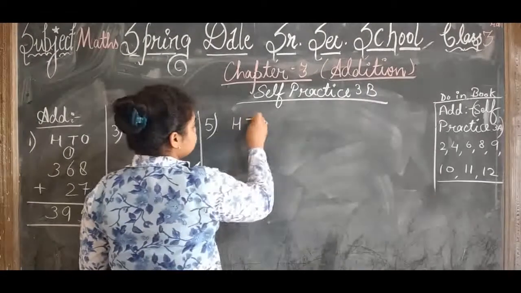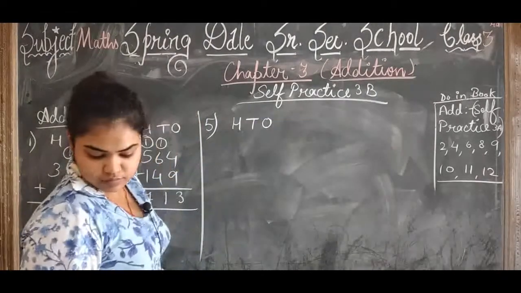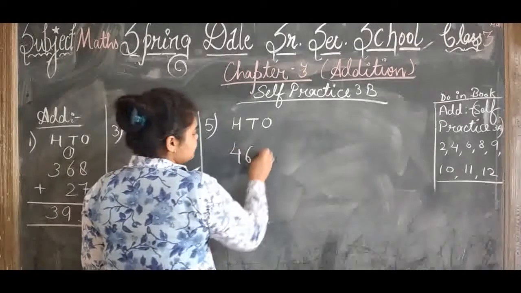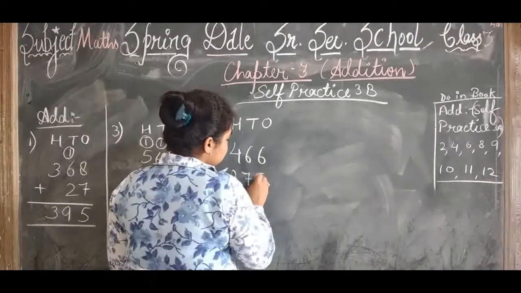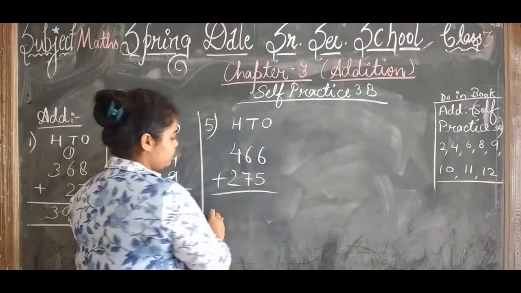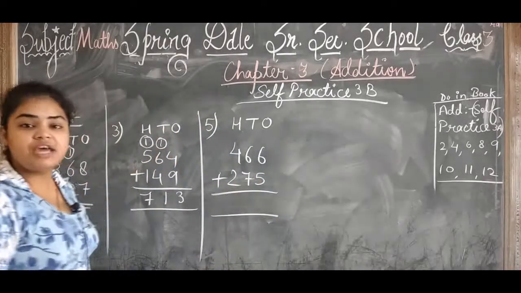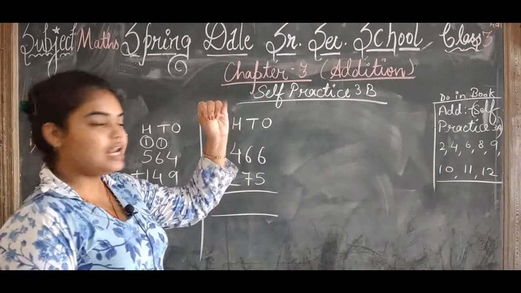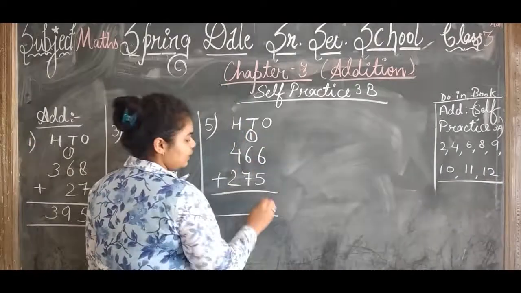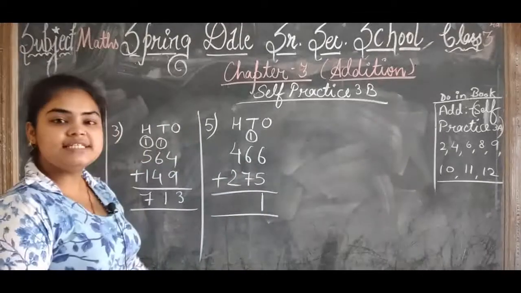Next we are going to do the fifth part, that is 466 plus 275. 6 in your mind, 5 in your fingers. After 6, 7, 8, 9, 10, 11. 1 here and 1 here. 6 in your mind, 7 in your fingers.